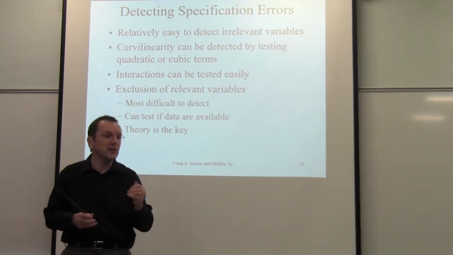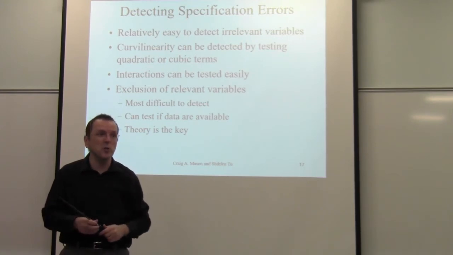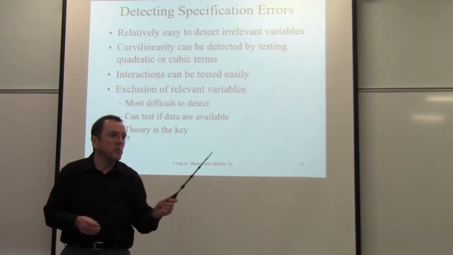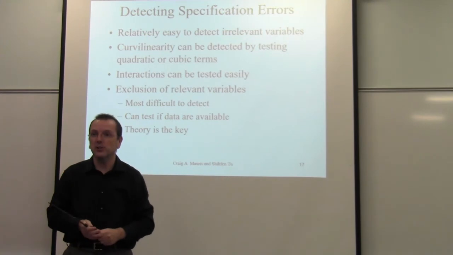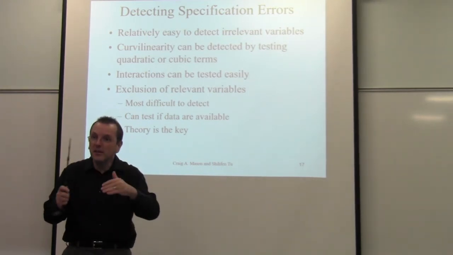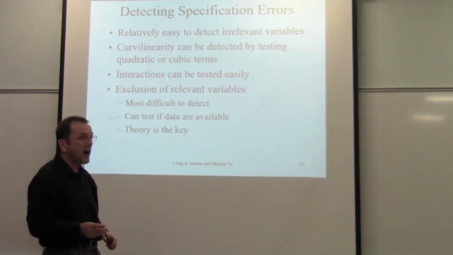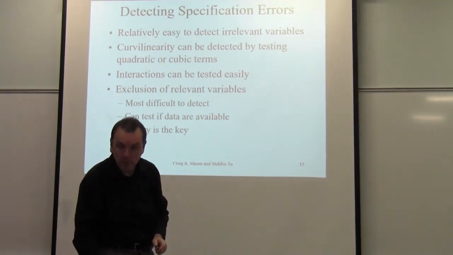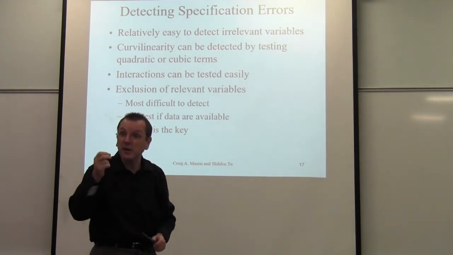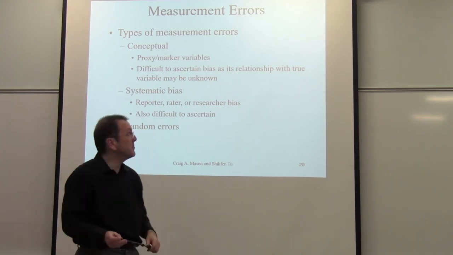You need to understand the literature. You need to be ready when your committee member challenges you: well, you did all those surveys, why did you never ask about parent education? Theory is ultimately your guide for making sure you've included the relevant variables, particularly if it's a common cause. Types of measurement error.